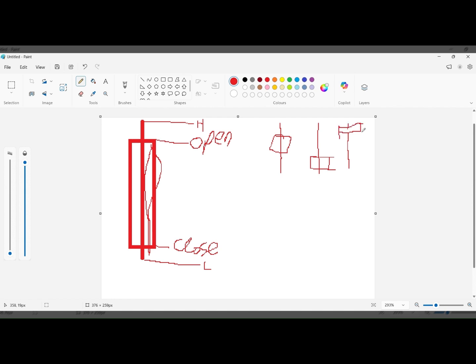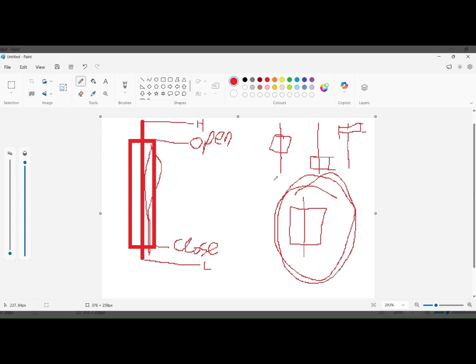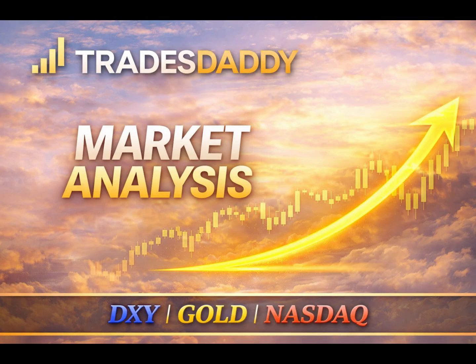It's you looking at the nature of the candlestick, how it moved. Candlesticks indicate the activity of buyers and sellers.